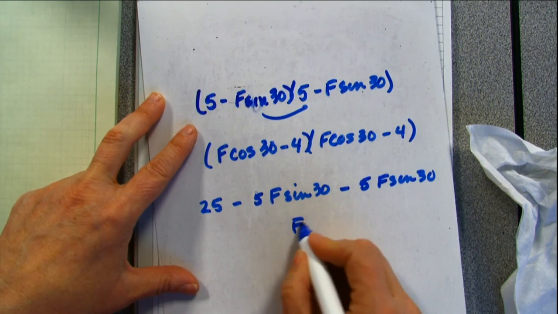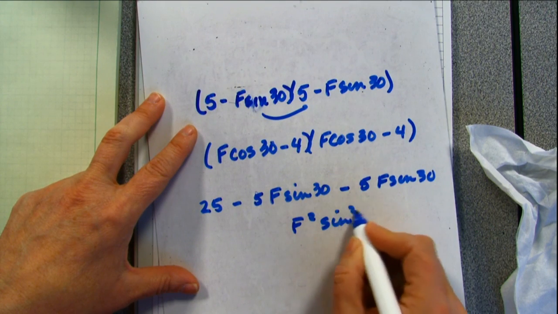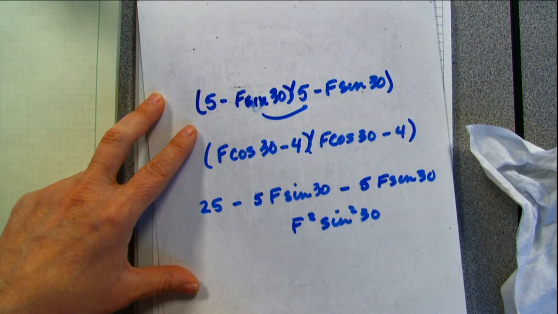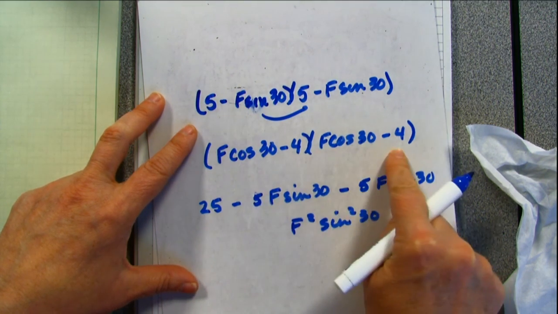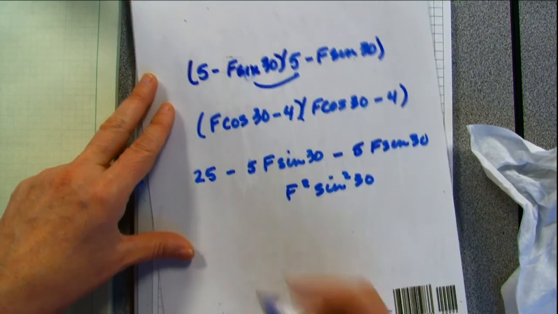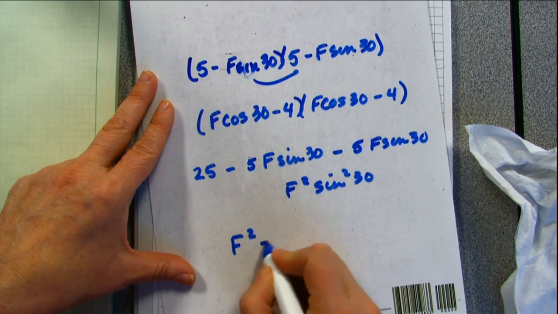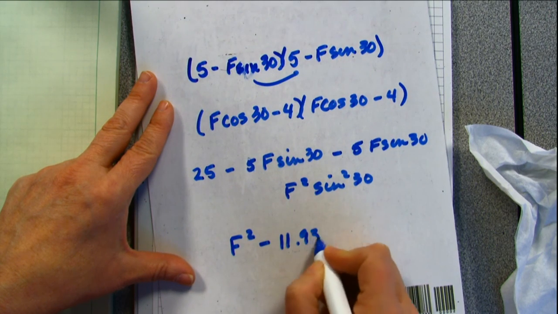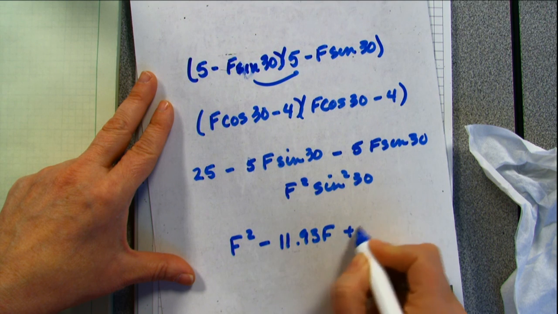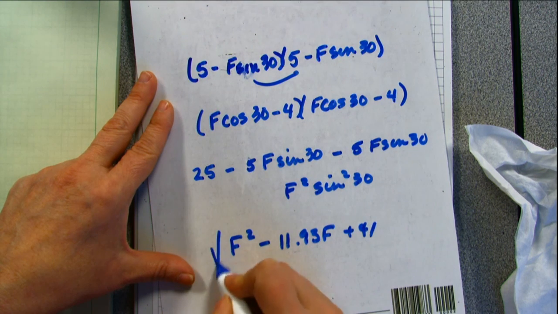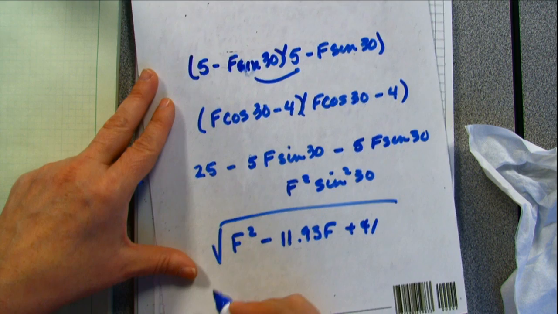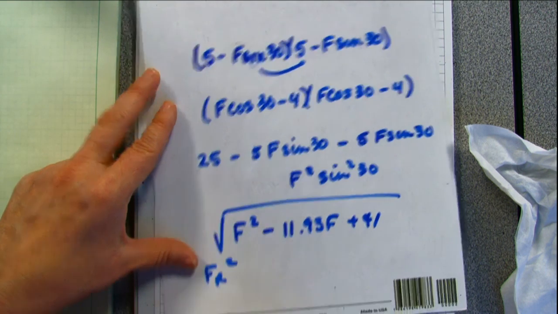And then I get f squared sine squared 30, right? And I'll do the same thing here, and ultimately it will simplify to f squared minus 11.93f plus 41. And that would be under the square root, which is why I have to do the f squared.